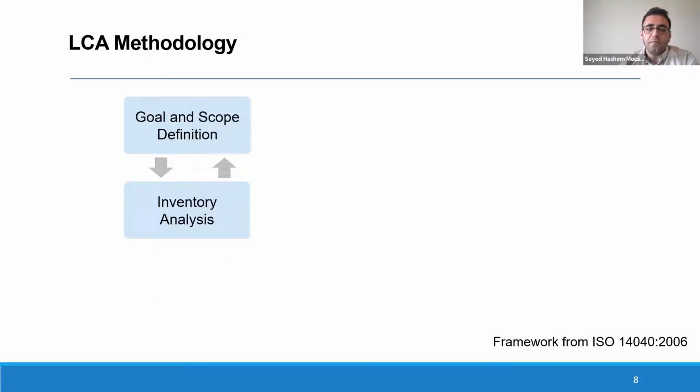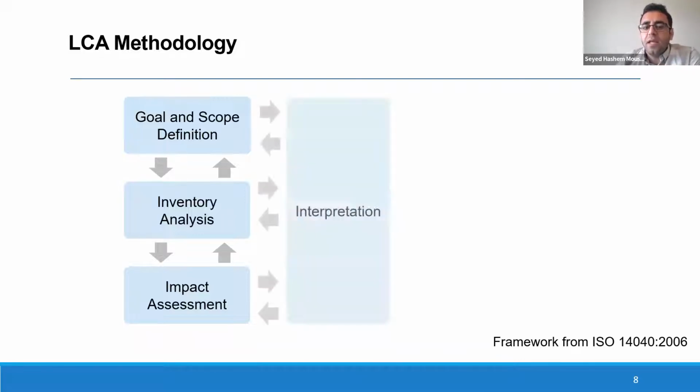The next step is impact assessment. At this step, we translate the inventory of inputs, outputs, and emissions into the different environmental impacts. Then there is interpretation of the results.